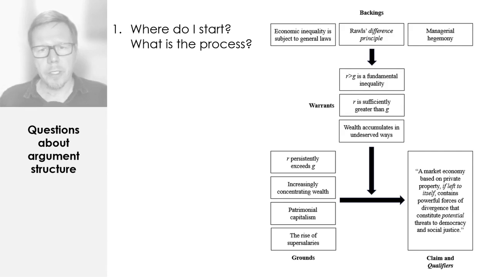What you see here on this page is not something that Piketty showed. This is our sense-making, the result of our sense-making process. What do we think Piketty needs to get from his grounds to his claim? And for this, in addition to understanding the structure of the argument, it would help immensely if we could also understand the process of constructing the argument.